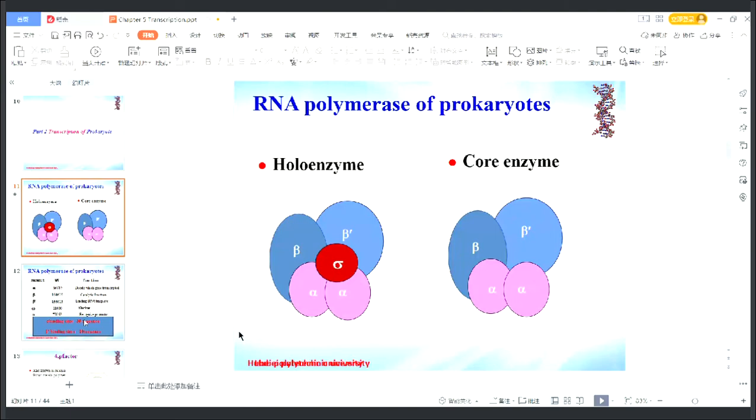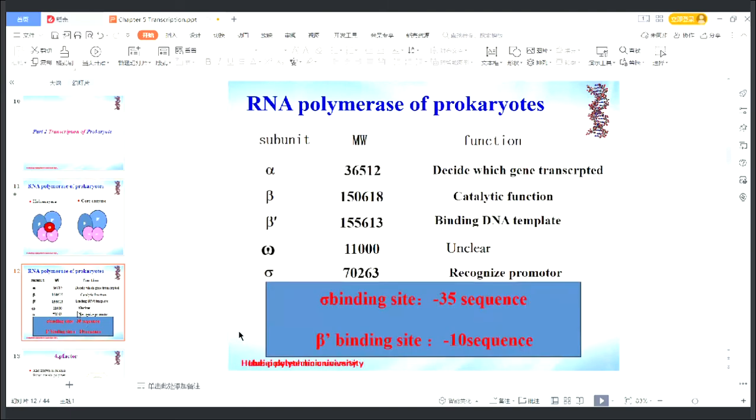Here, for every subunit, you can see the function. The sigma subunit recognizes the promoter. The alpha subunit decides which genes are transcribed. Beta is the catalytic subunit.